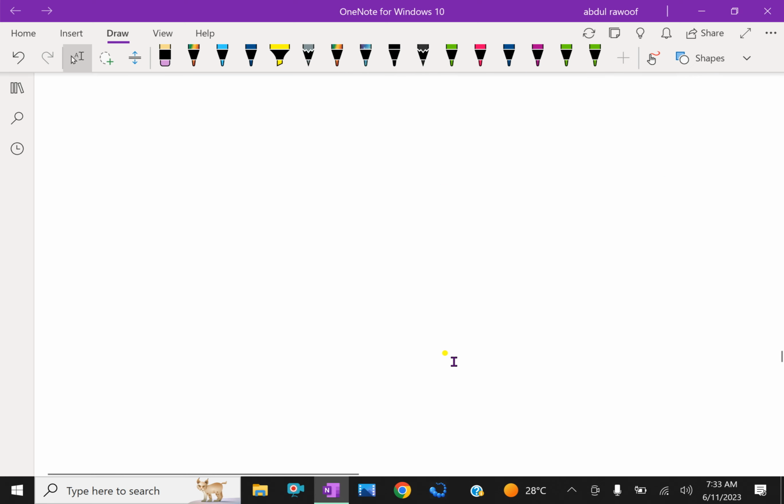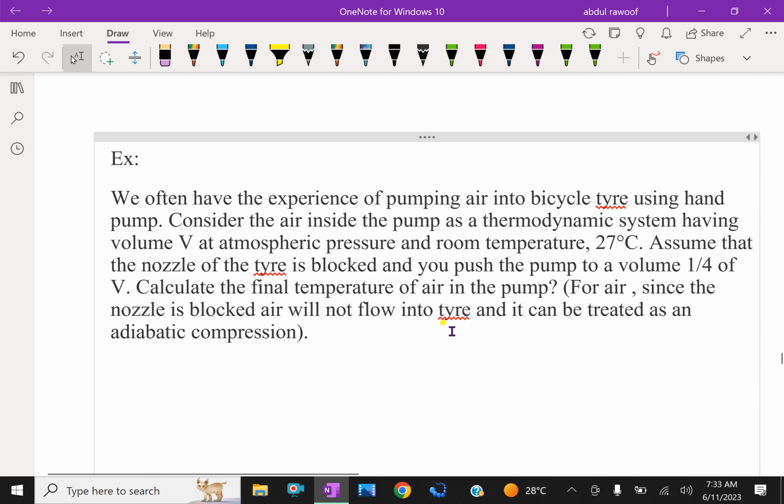Now we will do an example problem to understand this concept. We often have the experience of pumping air into a bicycle tire using a hand pump. Consider the air inside the pump as a thermodynamic system having volume V at atmospheric pressure and room temperature of 27 degrees Celsius.